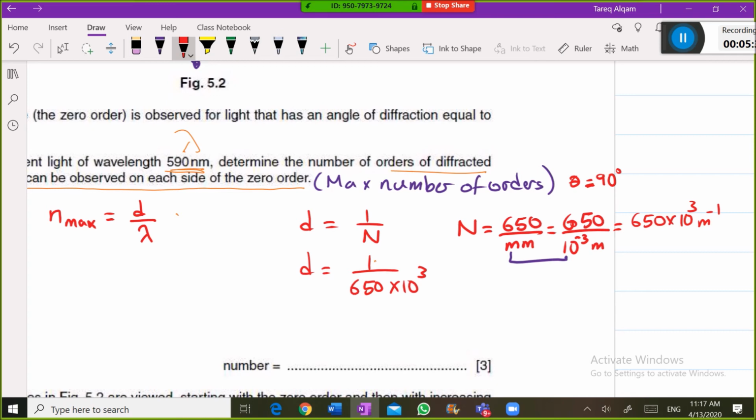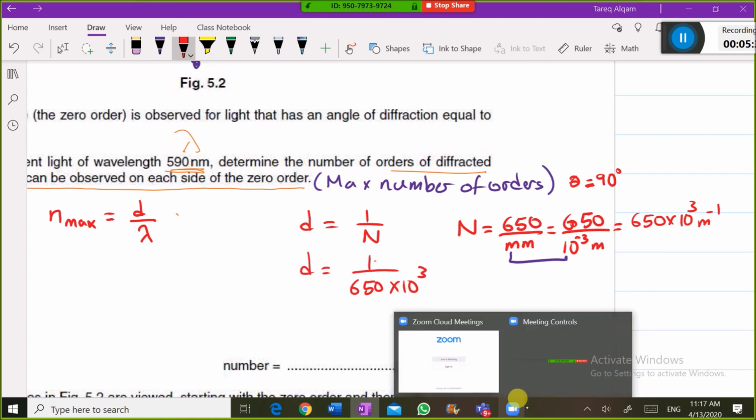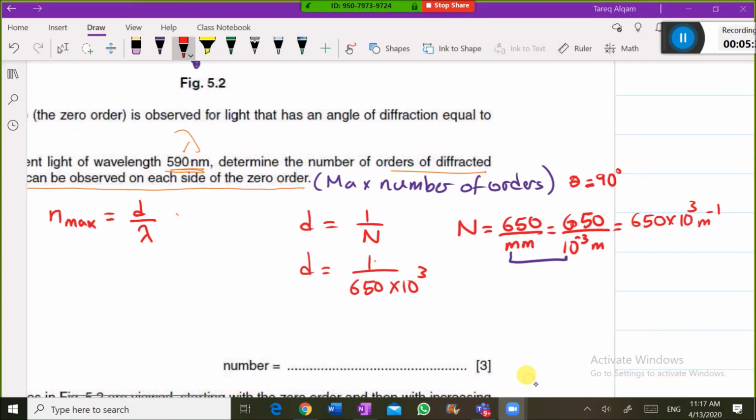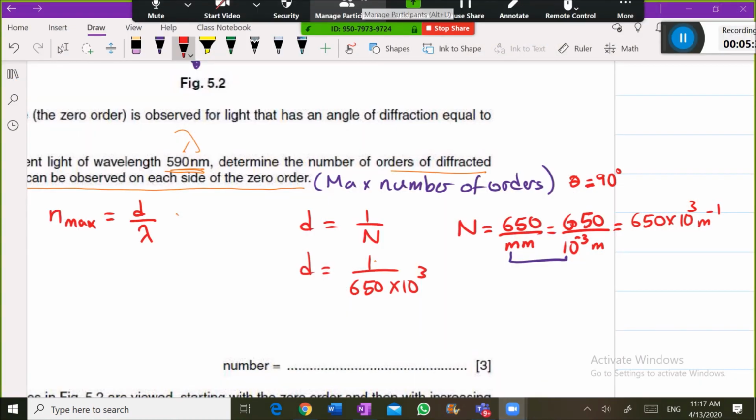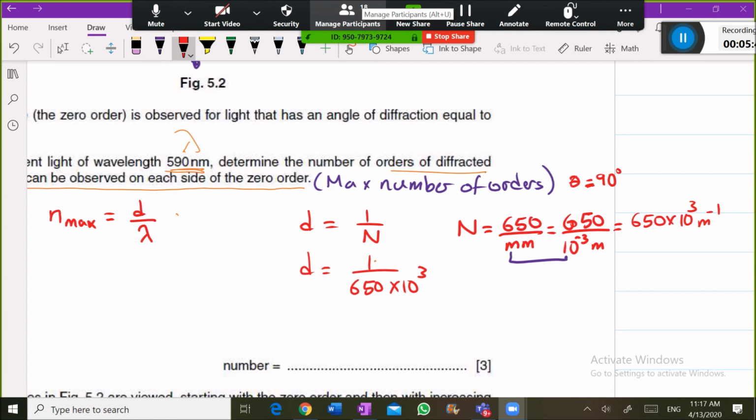Who has a calculator now? 1.5 times 10 to the power -6 meter. Please use the brackets like this in your calculator.